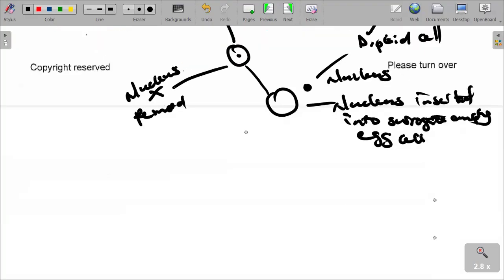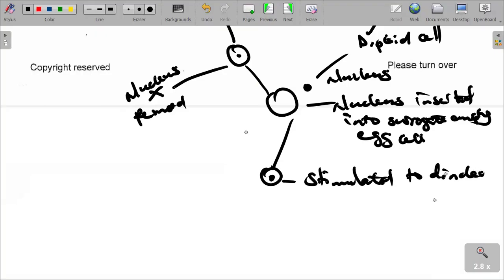You understand? When this is done, it is stimulated to divide through electricity. Remember, we said that it is jump-started to divide by an electric impulse.